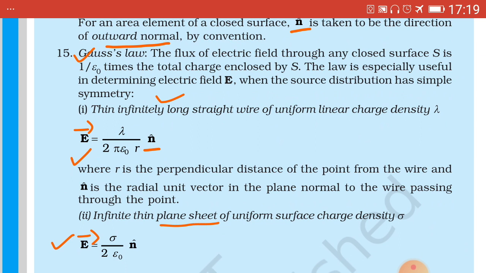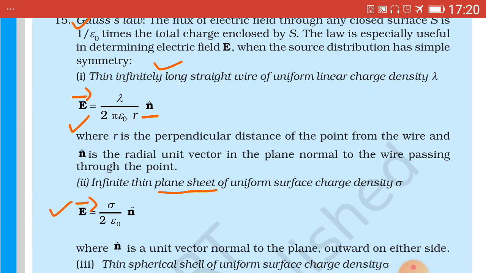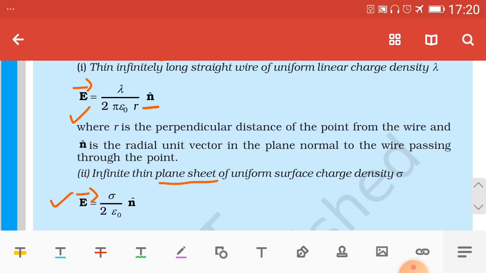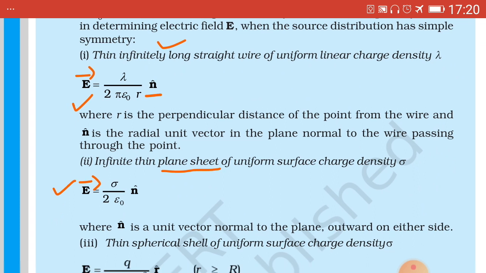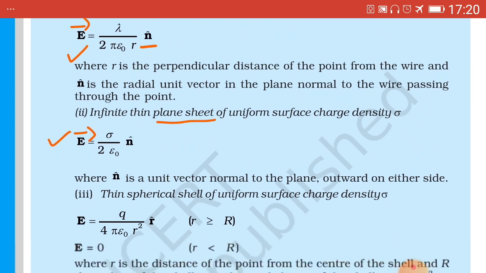And the application of Gauss's law in the case of a thin infinitely long straight wire, which we have discussed today, that is capital E vector equal to lambda upon 2 pi epsilon 0 r into n hat, that is electric field intensity, where r is the perpendicular distance and n hat is the radial unit vector.